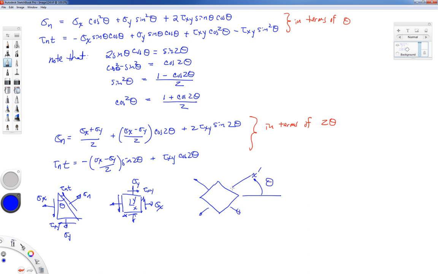And we call these stress components sigma x prime, sigma y prime, and tau x prime y prime. So we need to do a little bit more work to figure out what sigma y prime is.